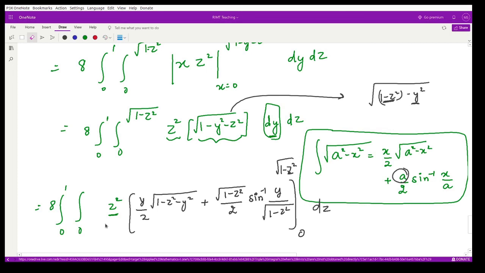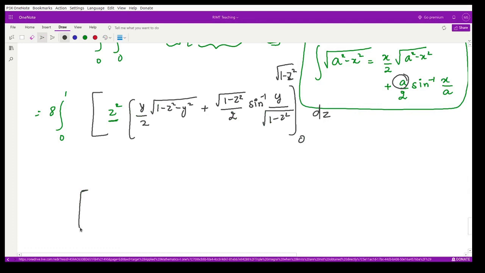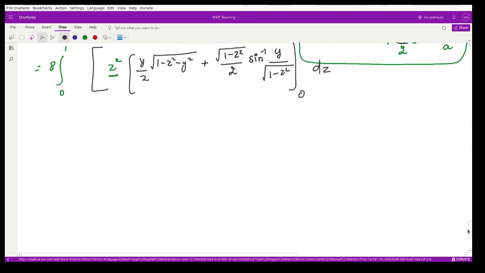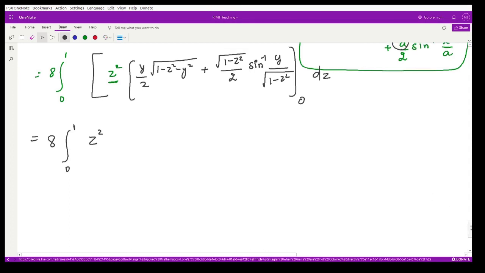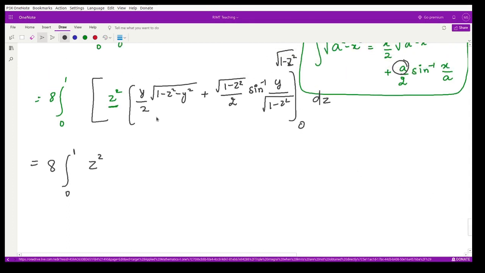So next we will substitute the limits over here. So what would be our limits? So our limits would simply be equal to, so this becomes, the calculations are quite lengthy but it's okay. So you have z square as such, and then when you substitute the upper limit here, this quantity will become 0, and when you substitute the lower limit, this quantity again becomes 0.